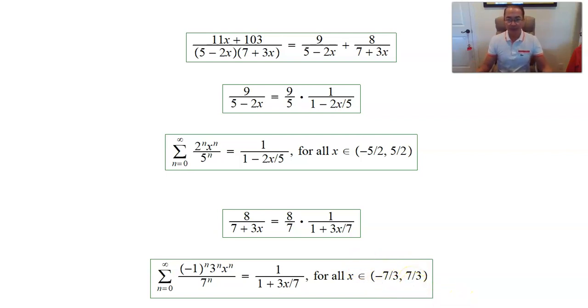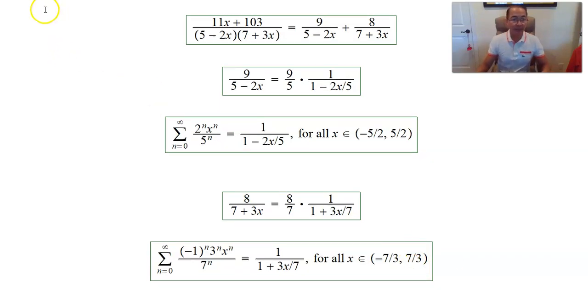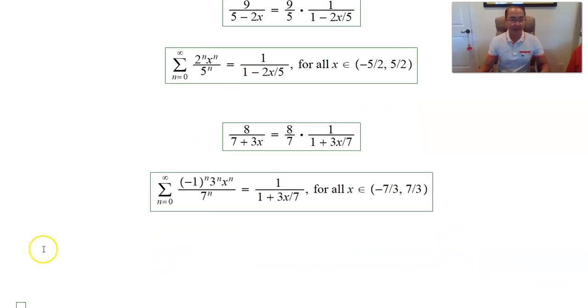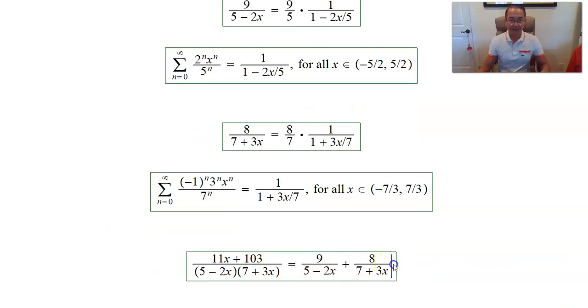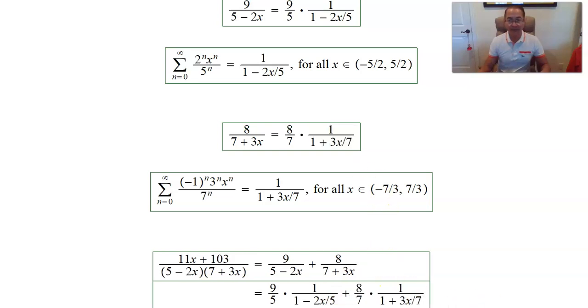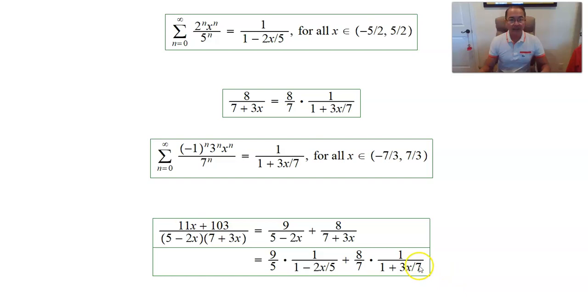Okay, so shall we? Let's make a copy of this because we're basically going to simply plug in everything we have so far. Let me put it down over here, and let's build it up. So we said that 9 over 5 minus 2x is this. So let's put that over there. And 8 over 7 plus 3x is this thing. So we add that together. Okay, and then what did we do?